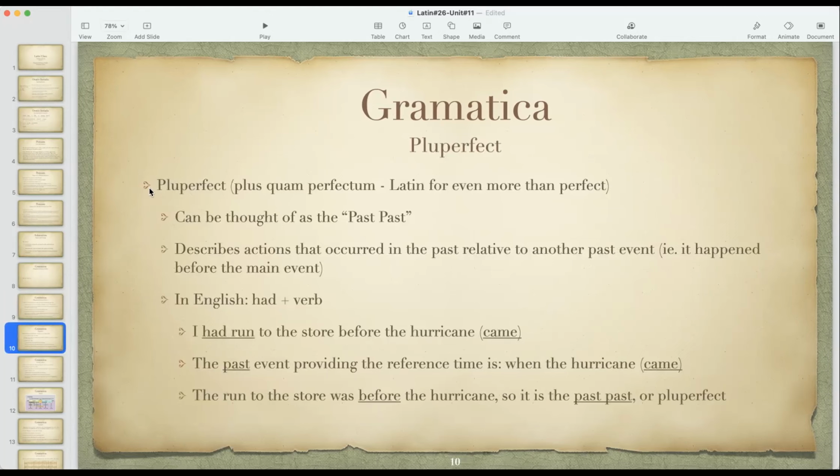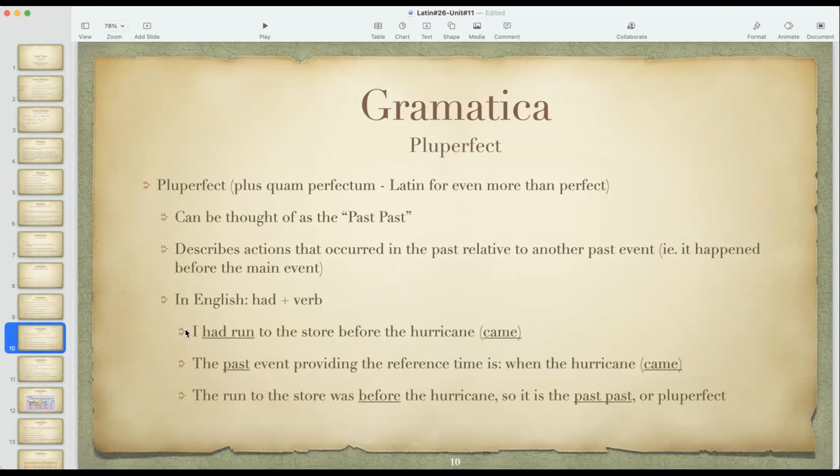So as I said, the pluperfect, plus quam perfectum, is Latin for even more than perfect. Think of it as the past. So you have something that occurred in the past and you're talking about the event before that. In English, I had run to the store before the hurricane came.